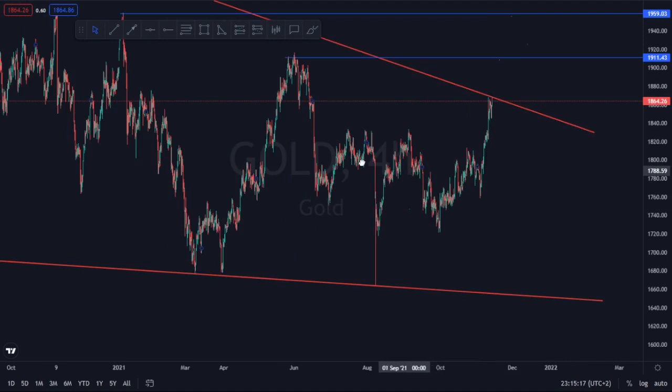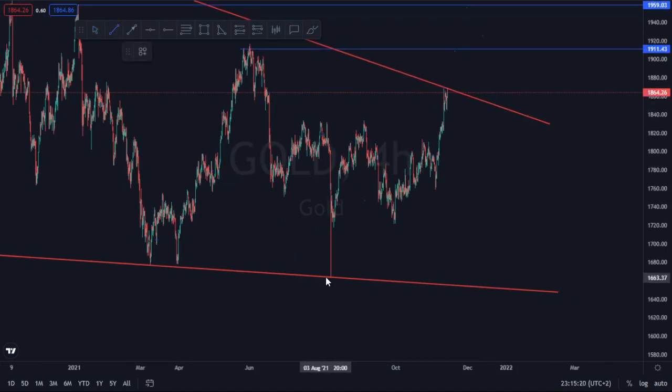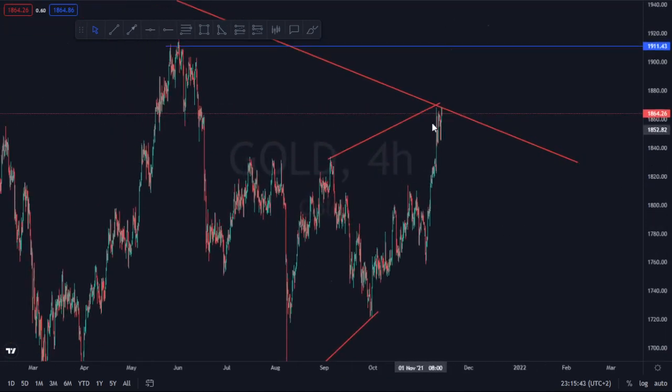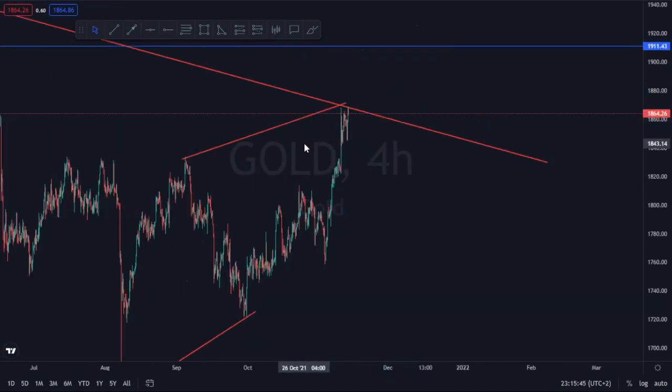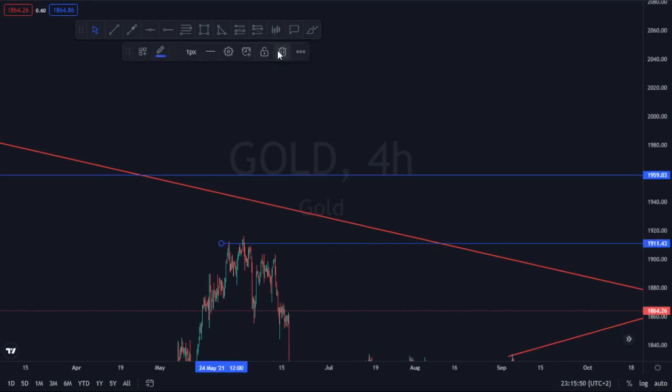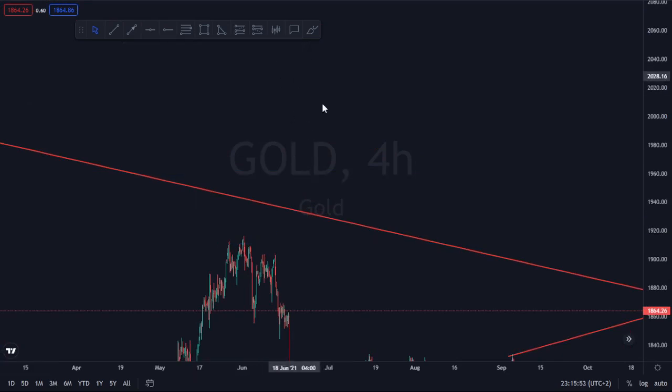Like I said, guys, I like trading patterns, and I can see here, the reason why I would be looking for a sell is because I see one of the patterns I usually trade.